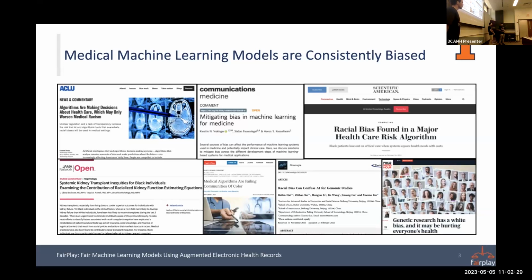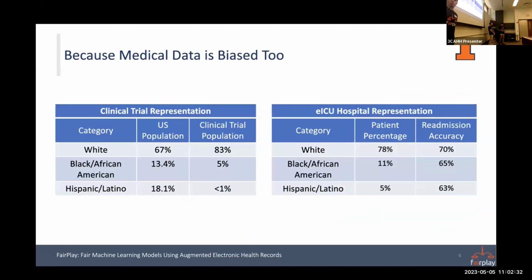And moving to the next slide, we understand that a lot of times this bias doesn't occur as a result of the algorithms themselves, but as a result of underrepresentation of certain patient populations. So if we were to break down the United States by race, for example, we see that 67% of the population is white. That in itself will lead to disproportionate representation.